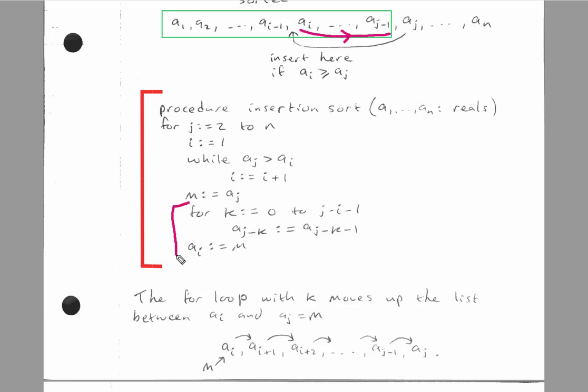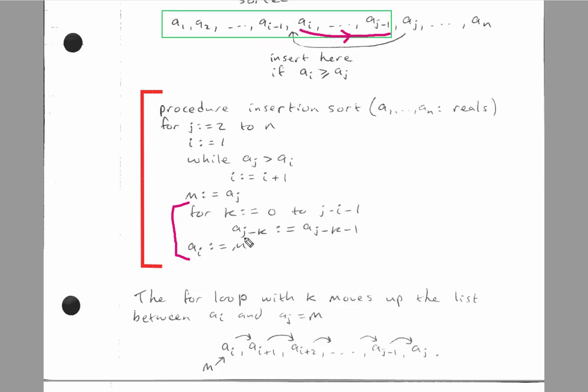So that's what this k loop does. It's just shifting all these guys up so we can fit in the a sub j here. A clean way to do it is k stepping from 0 to j minus i minus 1.